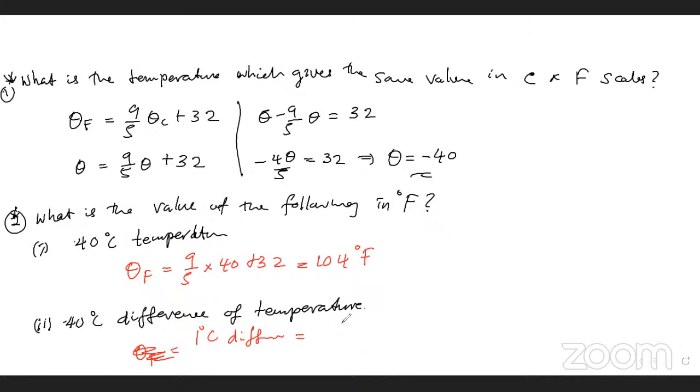So 1 Celsius difference is equal to a 1.8 Fahrenheit difference. Then you can find how much it is for a 40 Celsius difference. 1 is 1.8, then how much is 40? That is 72 Fahrenheit difference. A 40 Celsius difference equals a 72 Fahrenheit difference. Is it clear?